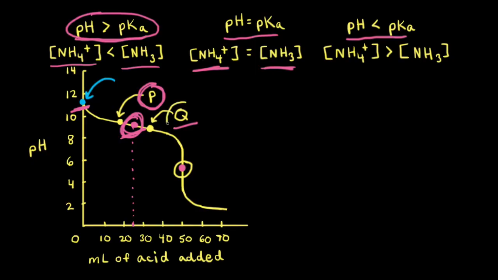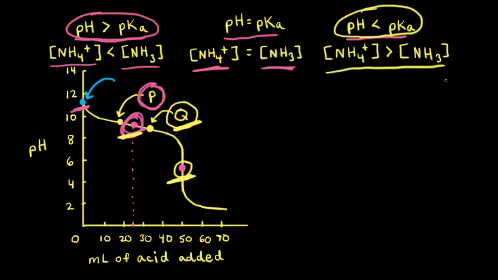And because point Q is in between the half-equivalence point, where the amount of NH3 is equal to the amount of NH4+, and the equivalence point, where all the NH3 has been converted into NH4+, all of the initial NH3, that means that at Q there must be more NH4+ than NH3. Therefore, when the pH is less than the pKa value, we can say the concentration of ammonium, NH4+, is greater than the concentration of ammonia, NH3.